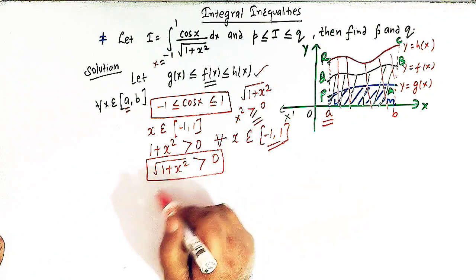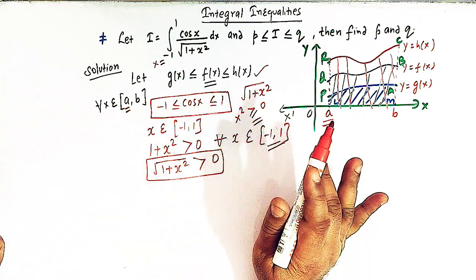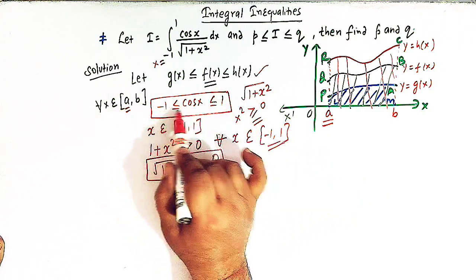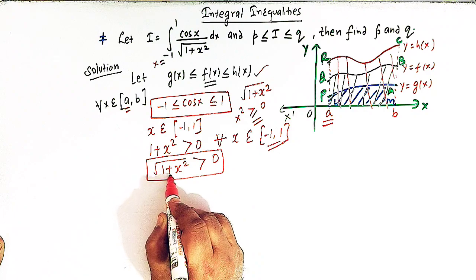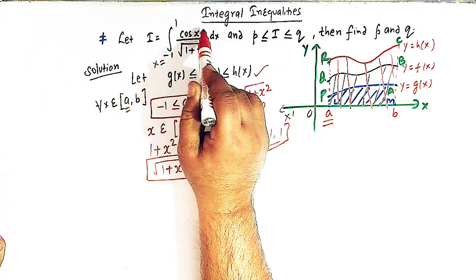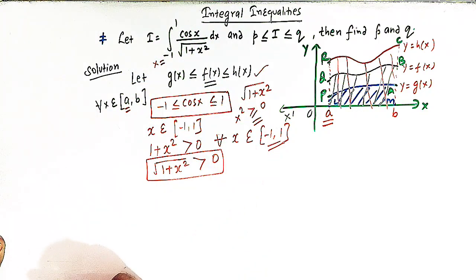So this quantity is always going to be greater than 0. So what we will do, we'll divide this inequality throughout by square root of 1 plus x square, so that we can get this function which is our integrand, right?